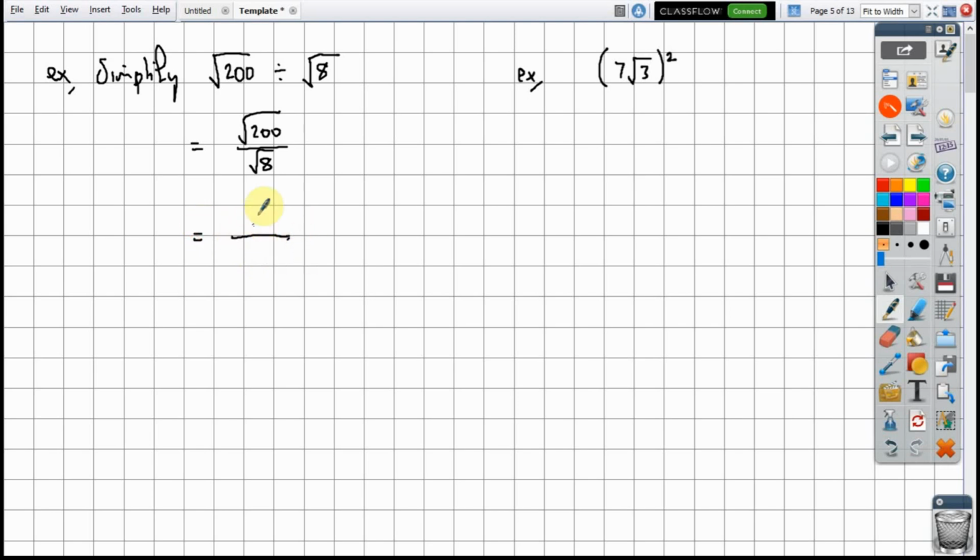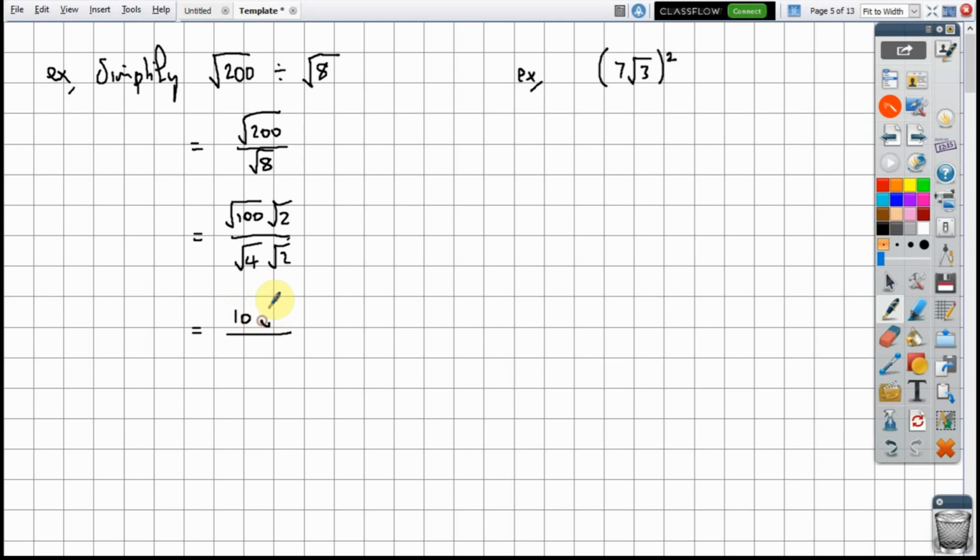Root 200 breaks up very, very nicely indeed into root 100 root 2 with a very big square number in there. Root 8 breaks up into root 4 root 2. Remember, we're always looking to try and find a big square number as one of the factors of any surd that we're going to break up.